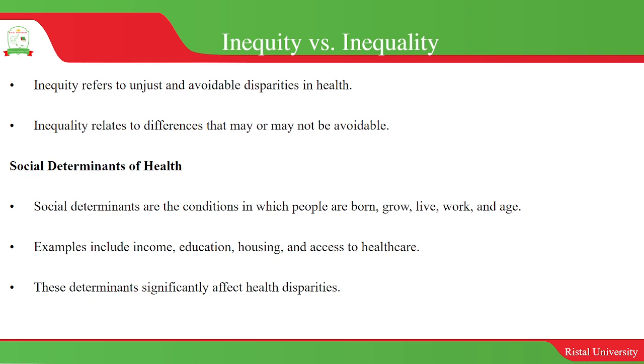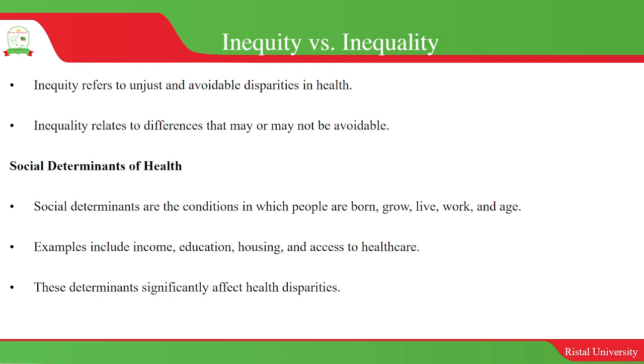If you have people having poor health outcomes because of decisions or policies or interventions that are unjust, then you have what you call health inequity. So to achieve health equity, you need to make sure that everyone has an equal chance to access quality healthcare services. And that is when you have everyone having optimal health outcomes.